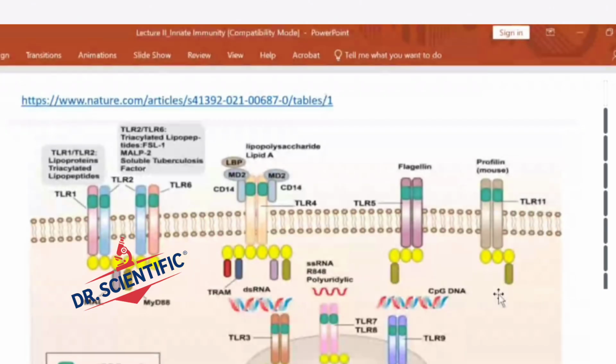There is 11 here. So these receptors are about 10 to 11 thereabout. Has anybody seen toll-like receptor 10? Anyone?